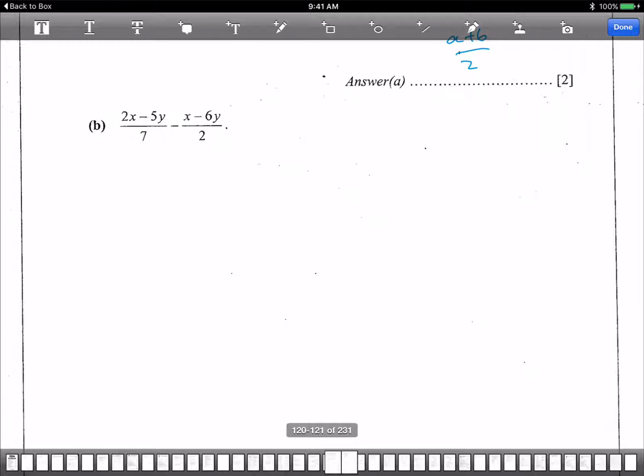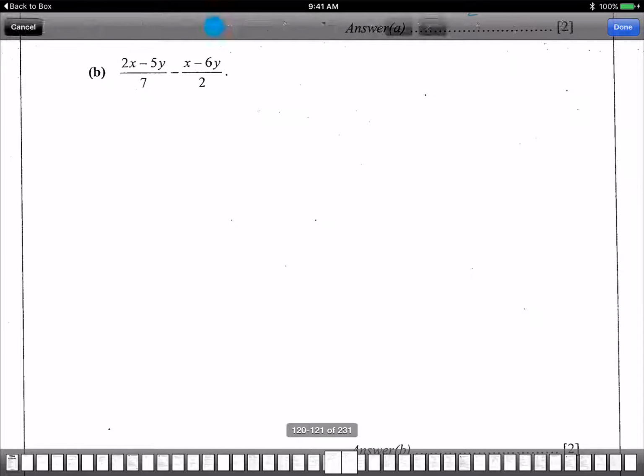Okay, for the next one. Right. So I need to change it to 14. This is 7, this is 2. So I must make the common denominator, which is 14, the common multiple. So here I have to times 2 to this whole thing, and to this whole thing I multiply with 7. So I get 4x take away 10y over 14 minus 7x take away 42y out of 14.